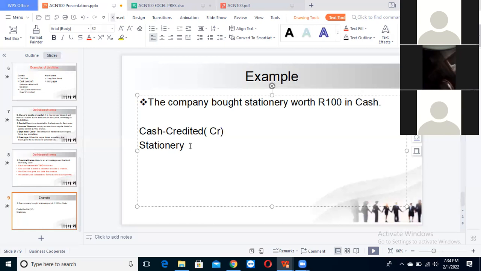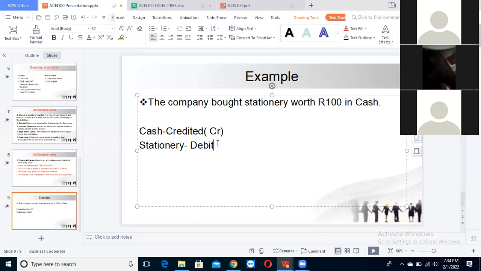Then what is happening to stationery? Stationery account is receiving cash. So we credit the giver and debit the receiver. Stationery account in this instance is the receiver. So what do we do with it? We debit it. As we debit the what?